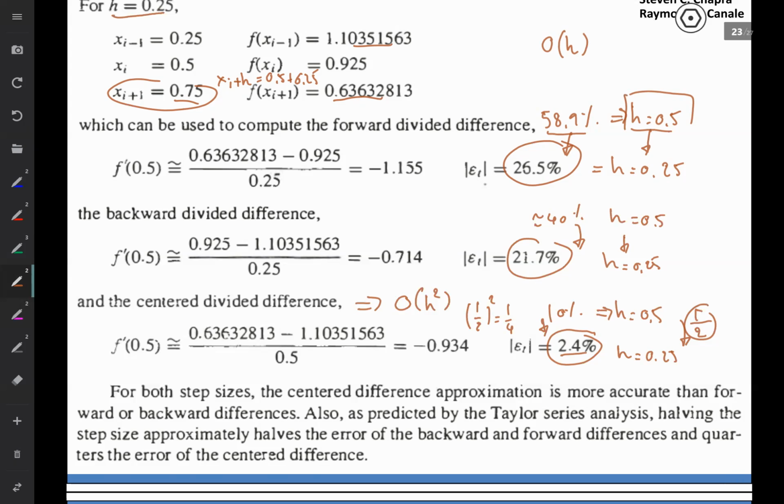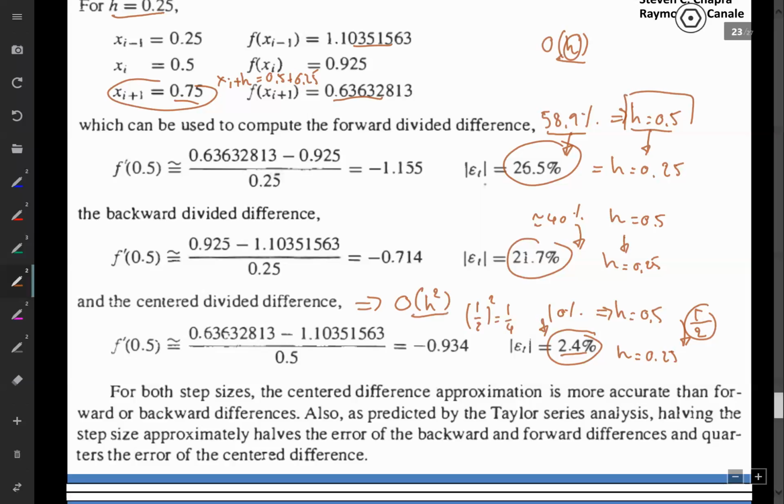Okay, do you understand the terms O(h) and O(h²)? Okay, so that indicates the order of the error. We can predict the error by using the value of h.